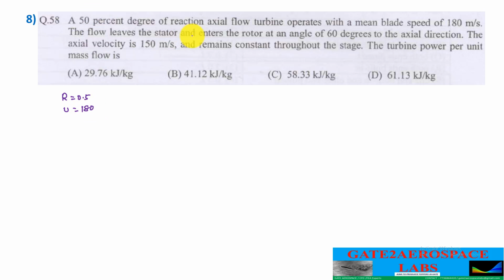The flow leaves the stator and enters the rotor at 60 degree, that means alpha 2 is equal to 60 degree. The axial velocity is given as 150 meter per second, and it remains constant throughout the stage. The turbine power per unit mass, if you see our velocity diagram, it will be like this.